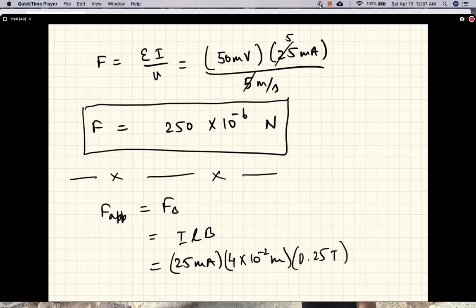Okay, so that's how they wanted us to calculate the applied force. And so this works out to, there's a milli, and all other units are standard, so millinewtons is what it'll work out as, 0.25 millinewton.